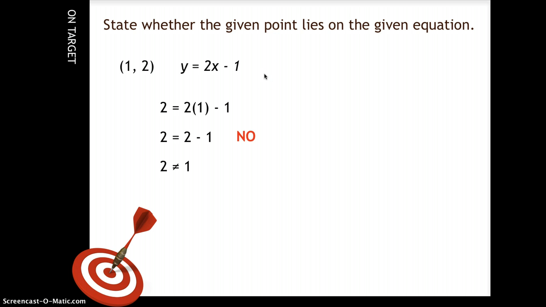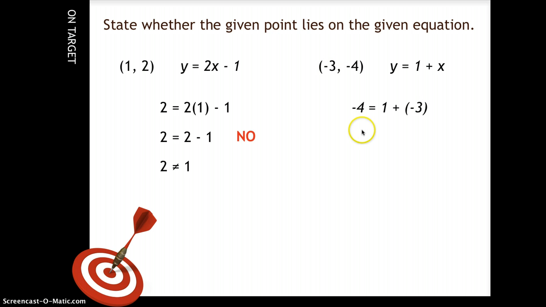Okay? Another example. How about the point -3, -4? Does it lie on the equation y is equal to 1 plus x? So let's check. Let's do the substitution. We said that the second number is the y value, so we substituted -4 for y, and then we substituted -3 for x.